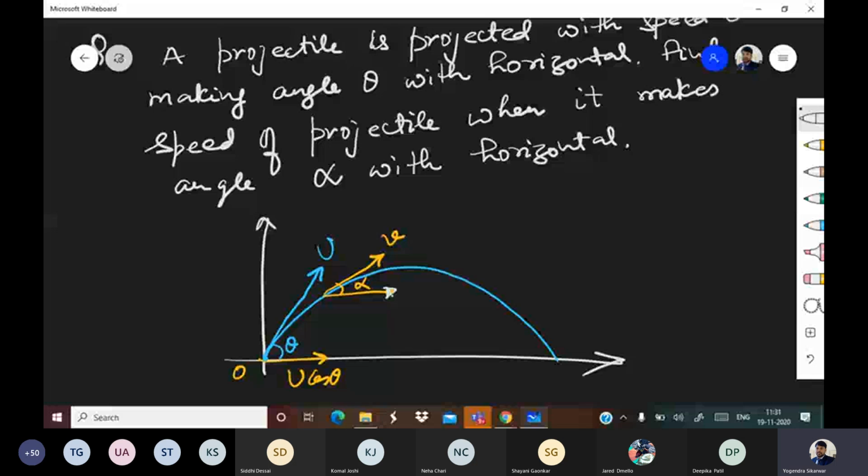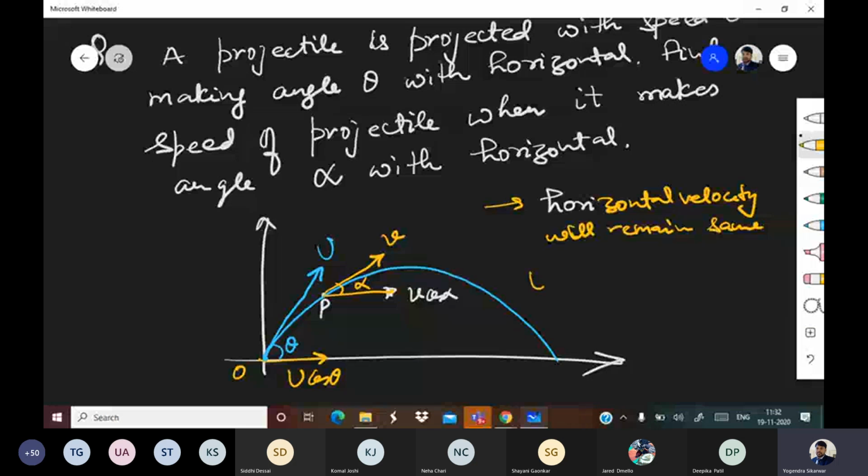Okay. So horizontal velocity will remain the same. That means u cos theta must be equal to v cos alpha, and that gives us v is equal to u cos theta upon cos alpha.